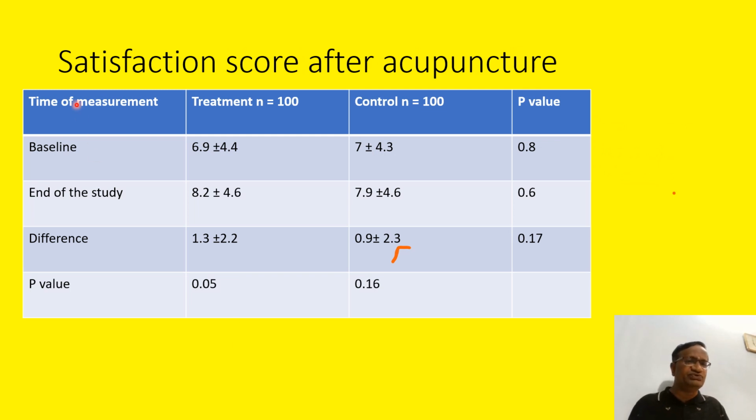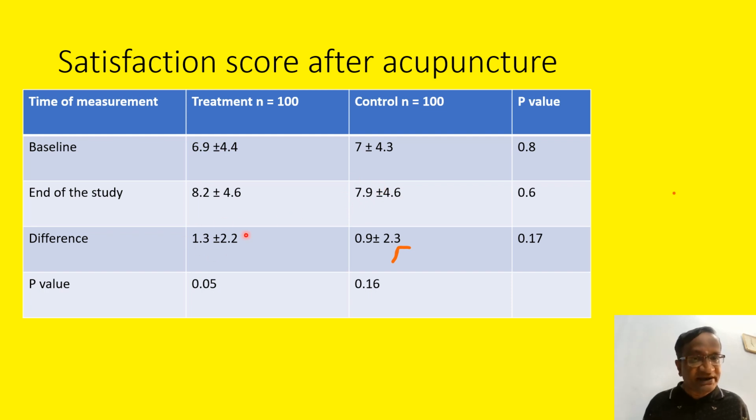Now I will tell you about the satisfaction score after acupuncture. Now we have n equal to 100, control also 100. At baseline, the satisfaction score is 6.9 and in control also 7, so the p-value shows both are okay. Now we have given the treatment, and the satisfaction score becomes 8.2 here and 7.9 here.